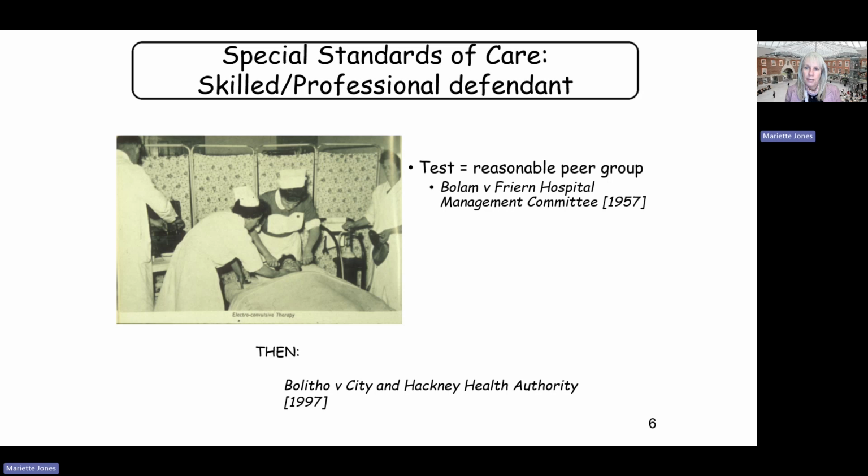However, in Bolitho versus City and Hackney Health Authority, the court added an important qualification, that the professional opinion relied upon must be logically defensible. So, a court may reject expert evidence or expert opinion if it doesn't stand up to logical analysis. Together, these cases show that professionals are judged by the standard of a competent peer group, not by their own personal belief or their own personal subjective standards.